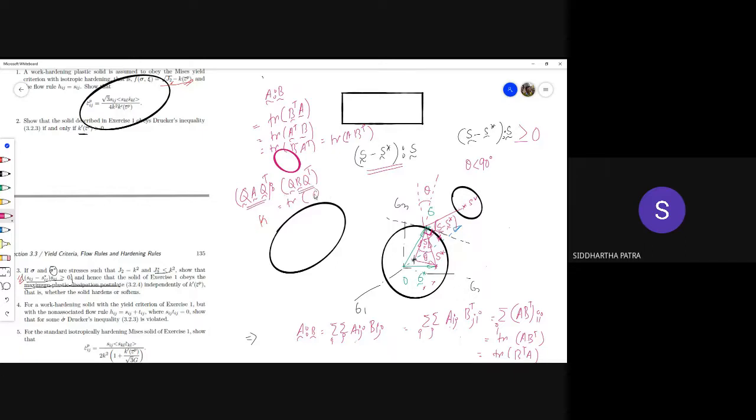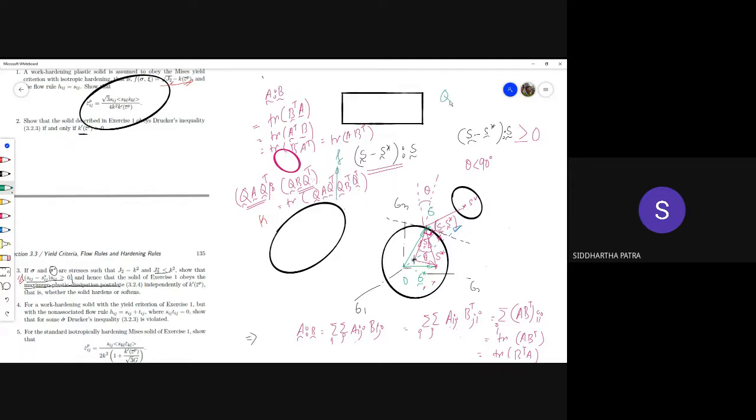So Q A Q transpose, and then the transpose of this, Q B transpose Q transpose. This is how transpose works: you take the matrix on the extreme right-hand side, take its transpose, and put it in the extreme left. So Q transpose transpose is Q, then B transpose, then Q transpose. Now this Q transpose Q makes an identity matrix.